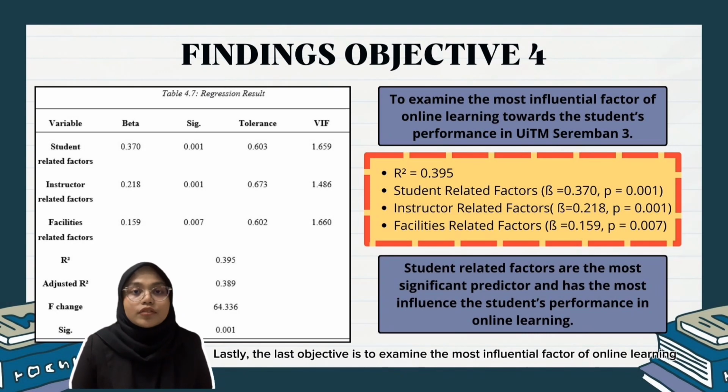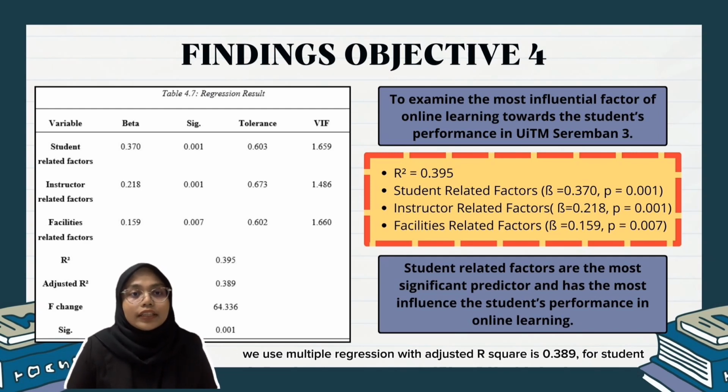Lastly, the objective is to examine the most influential factor of online learning towards student performance in UiTM Seremban 3. For this objective, we use multiple regression with adjusted R-square of 0.389. For the student-related factor, the beta value is 0.370 with a significance value of 0.001.